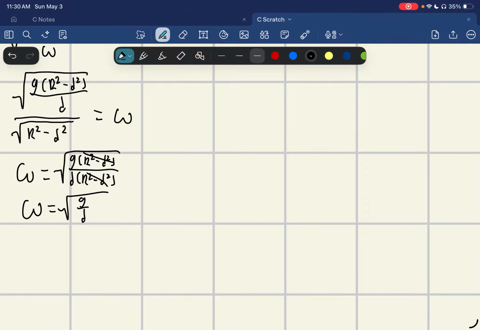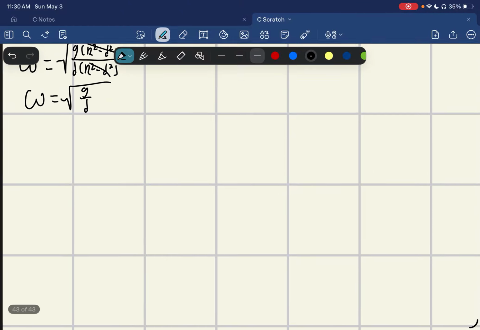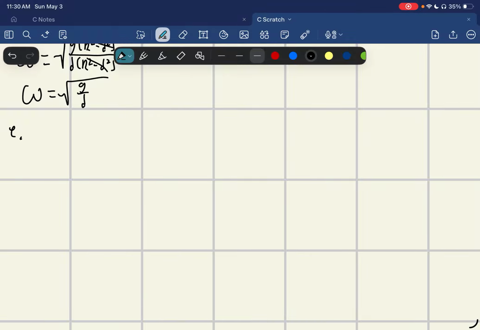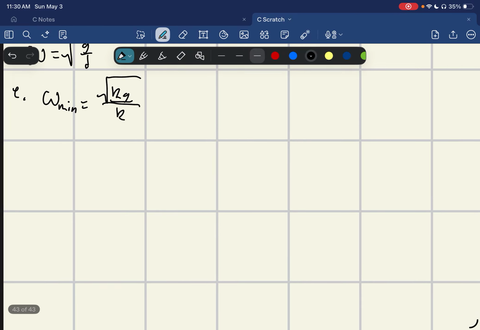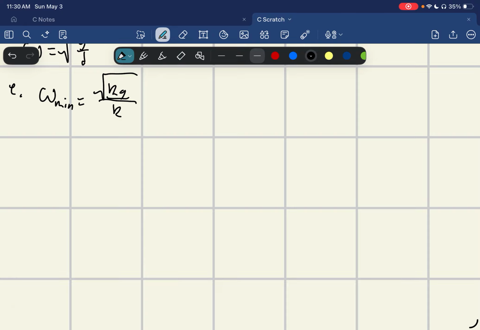Okay. Part E asks us to prove that the omega minimum is equal to radical R g all over R, or rad big R g all over R. Okay, so earlier we stated that omega r_w is equal to v, which is equal to radical g, or wait, let's see.